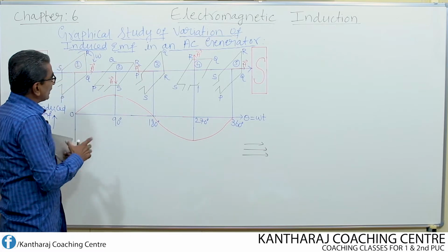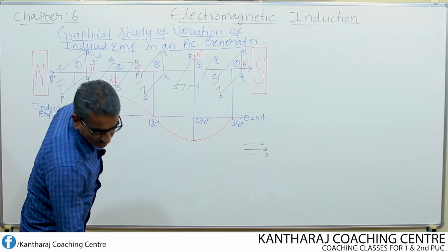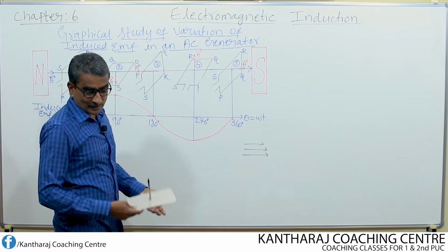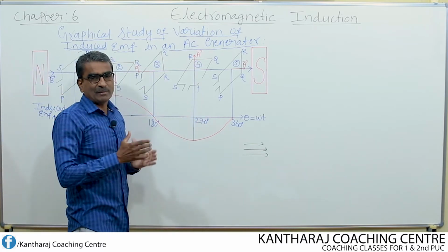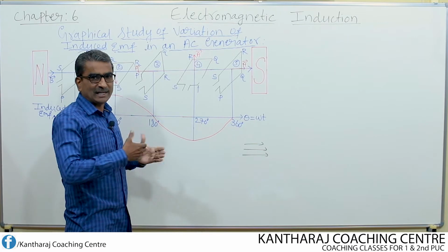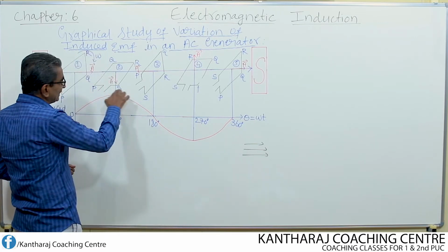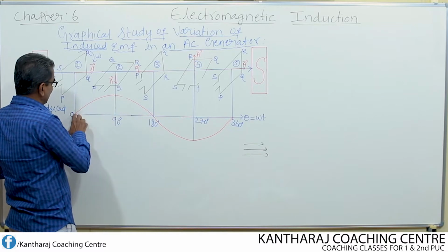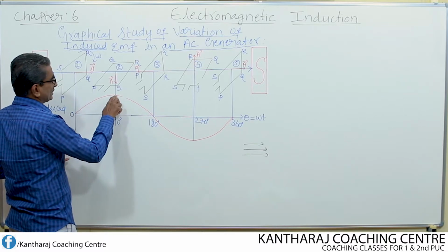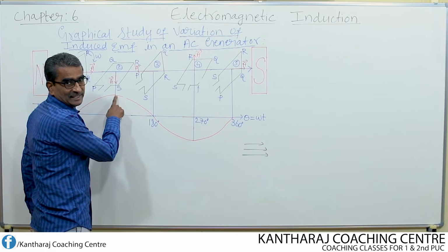So now when the coil is rotated completely through 360 degree, what has happened to the magnitude of the induced EMF? The magnitude of the induced EMF is continuously changing. Look here, from 0 to 90 it is increasing. Induced EMF becomes maximum at 90 degree rotation.